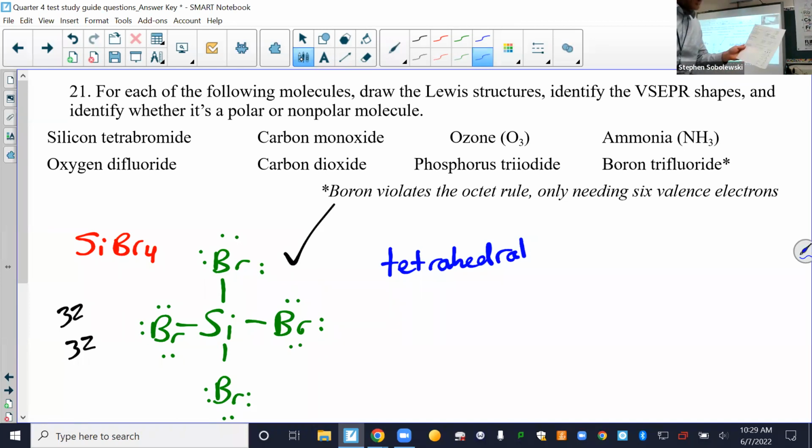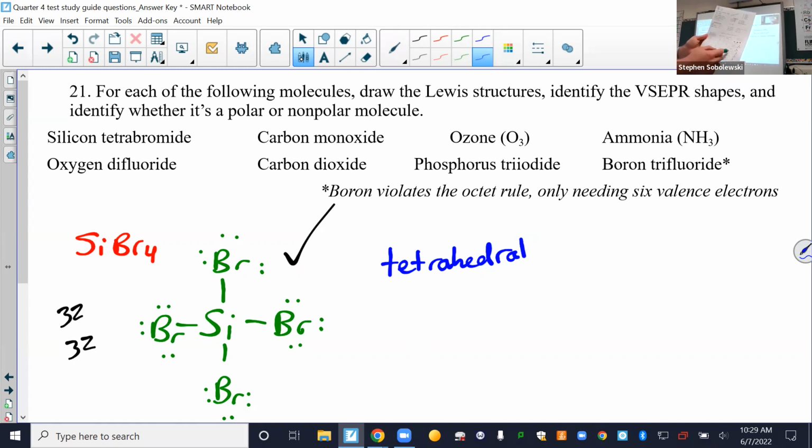So looking at our list here, linear, no lone pairs, that's going to be a nonpolar molecule, assuming the 2 branches are the same. Trigonal planar, no lone pairs, nonpolar molecule, assuming all the branches are the same. Bent, lone pairs, polar. Even if all 3 of these are the same element, by the way, that's going to be polar.